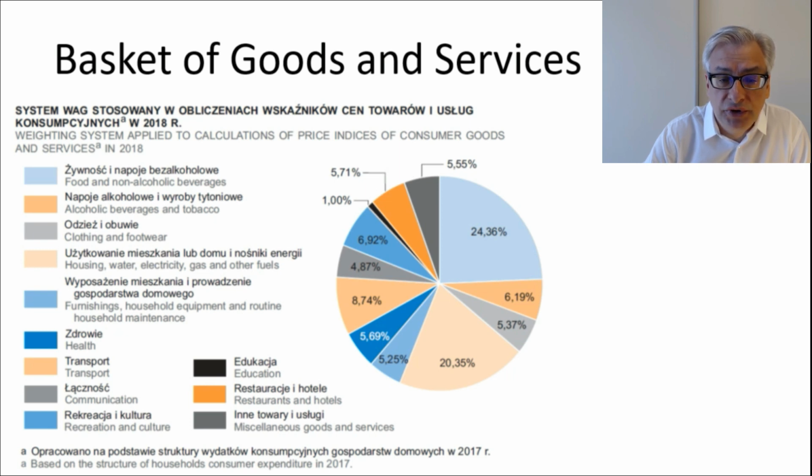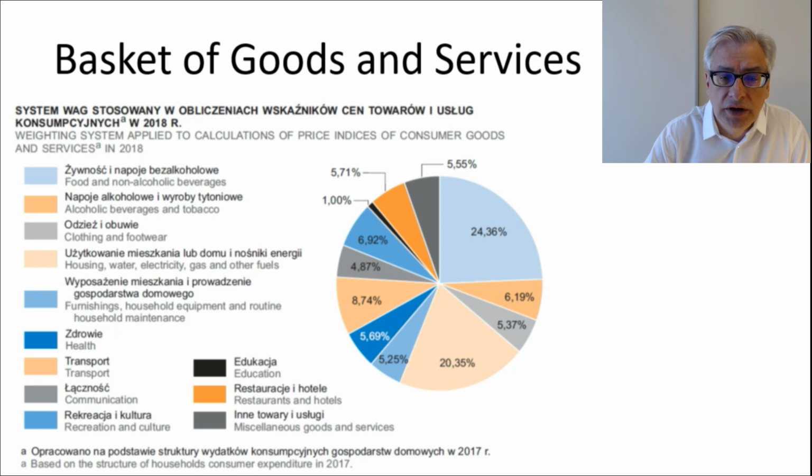The second biggest would be housing, water, electricity, gas, and other fuels. So when you look at housing, electricity, energy expenditures, as well as food and non-alcoholic beverages, this is like 45% of all the expenditures, and the rest is dispersed over several other categories.